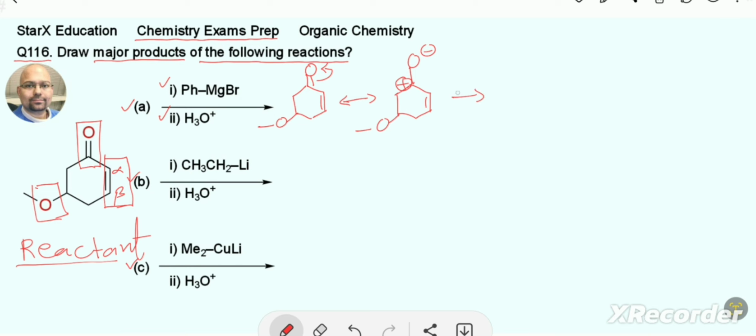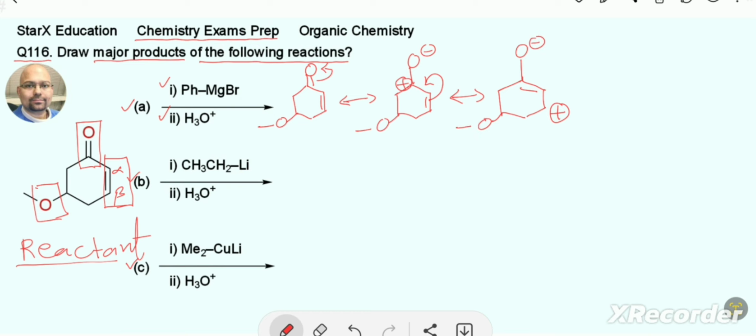Now we can also show the movement of the pi electrons of the alkene, and once that resonance takes place, we get the double bond here, this beta carbon gets a positive charge, and the oxygen's negative charge stays the same.